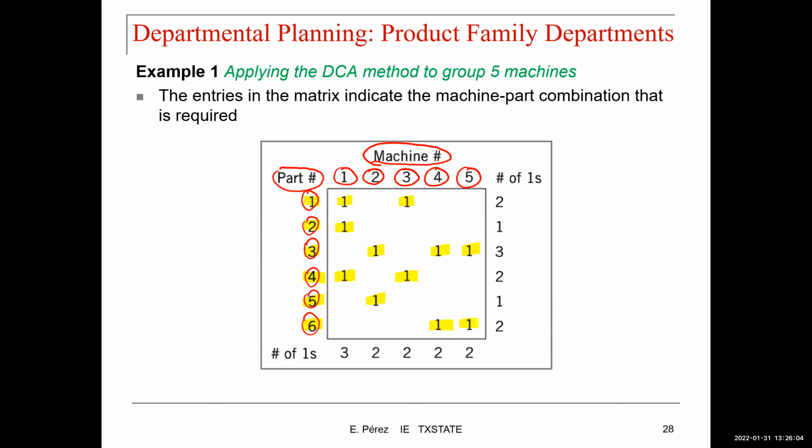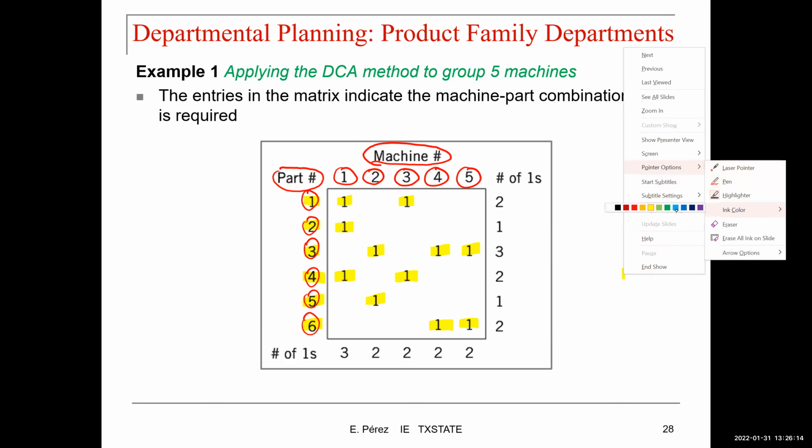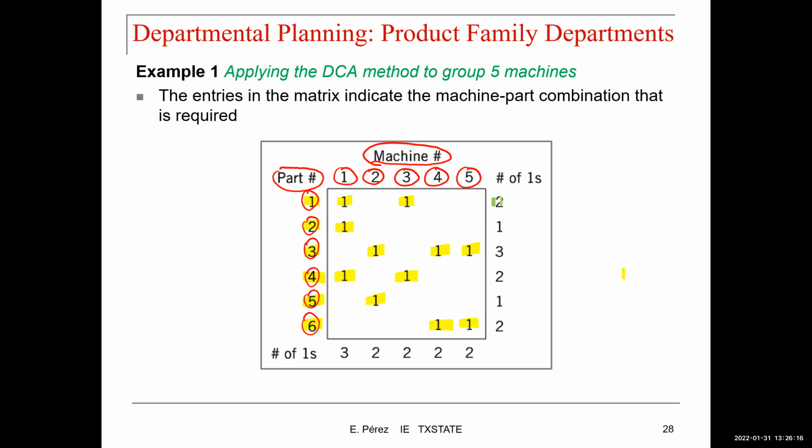So step one, we start by adding the total of ones per row and per column. That's what you're seeing here. 1 plus 1 is 2. This is 1, this is 3, this is 2, this is 1, and this is 2. That's the summation per row.